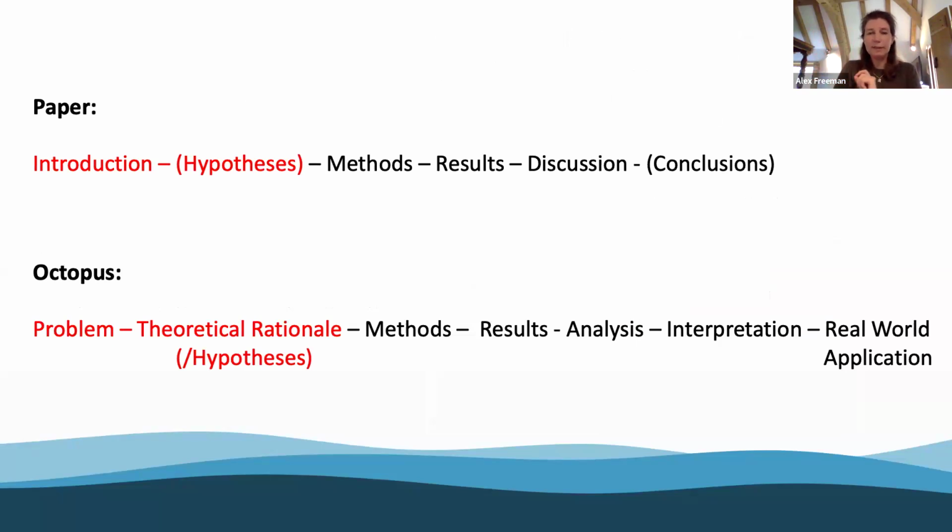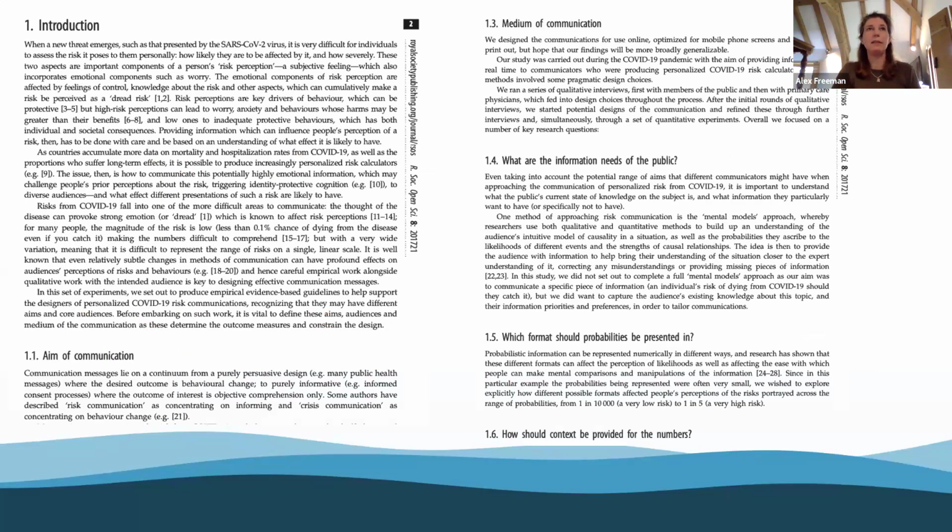Taking that paper as an example, I'll show you how different it is and how I broke down a paper and published it on Octopus, which is something anybody can do. So this is some of the introduction to this whopping great big paper on Royal Society Open. It had a general introduction, and then it ended up having these little subsections, which were really different research problems.